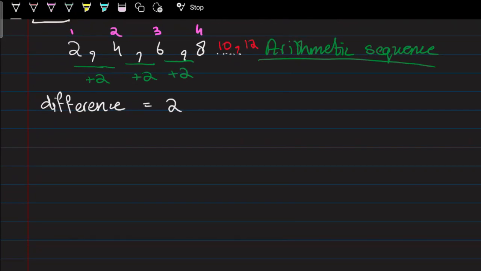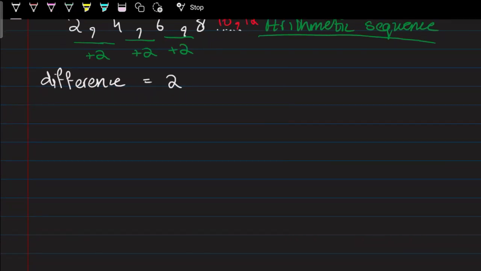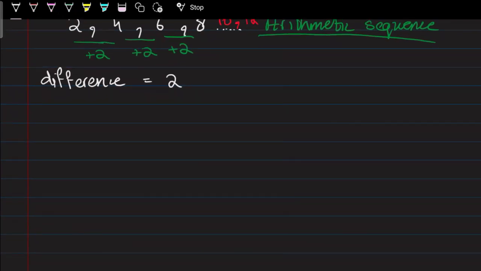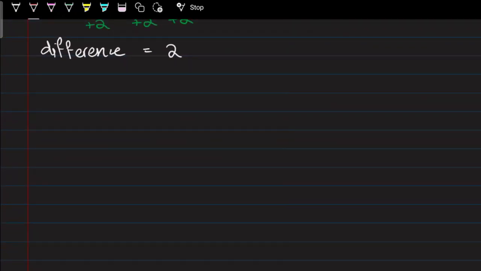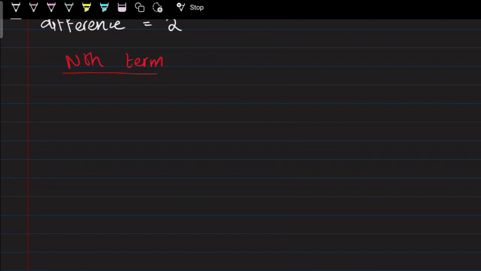So what I've done here is basically called the term-to-term sequence. If you're given the fourth term and you want to find the fifth term, you're going to add the difference to the previous term. Alright, so this was the term-to-term sequence. Now we're going to move on to the nth term. I'll explain what the nth term really is in a minute.